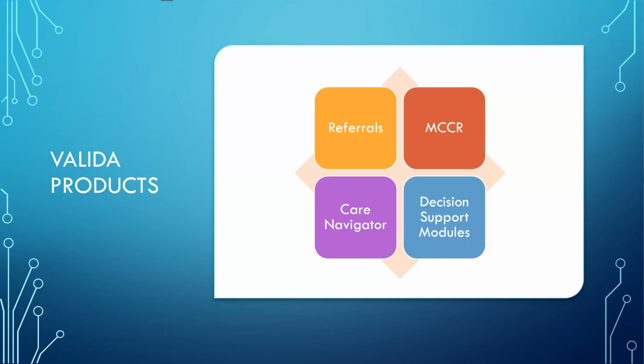So the product set that BPAC and CareIS run is all built on the same technology platform, and we deliver effectively 4 core products. We deliver clinical decision support modules, and those are applications that run in the context of a patient for use by general practitioners at the point of care.